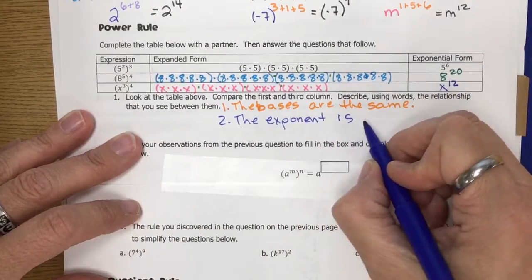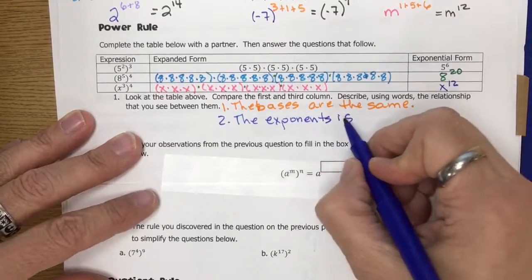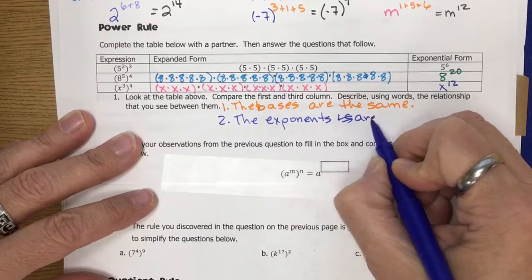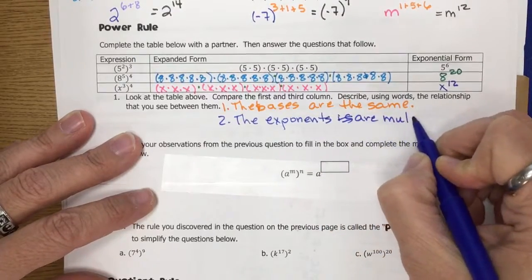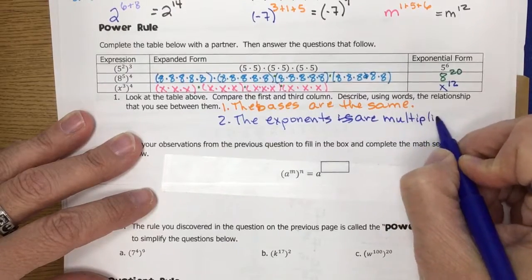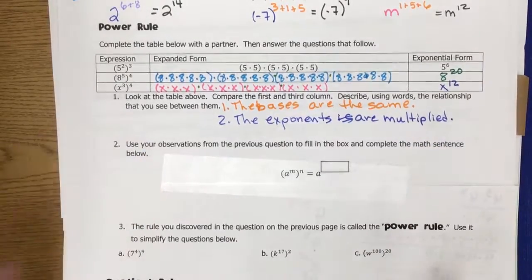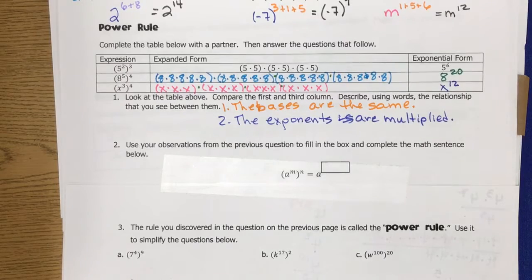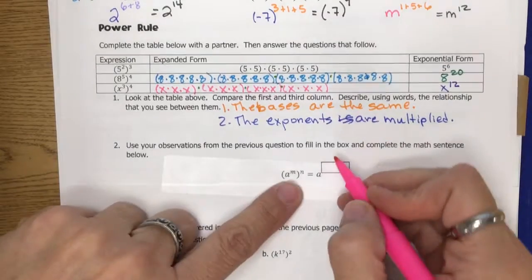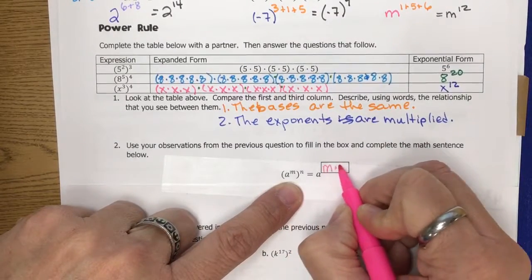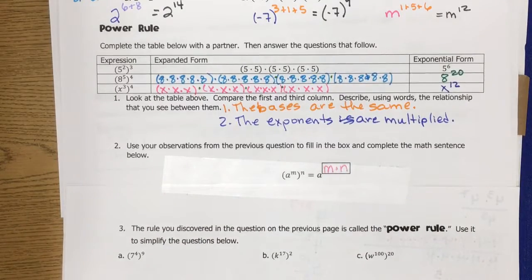The exponents are multiplied. So I look at this right here: I multiply my exponents.